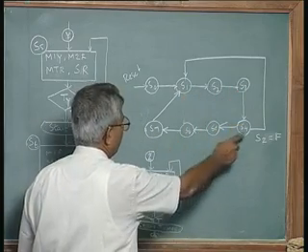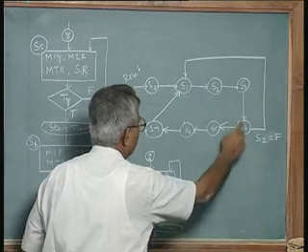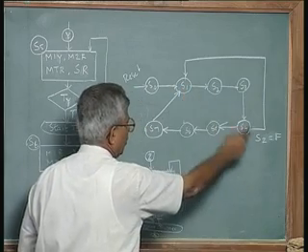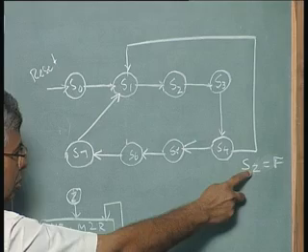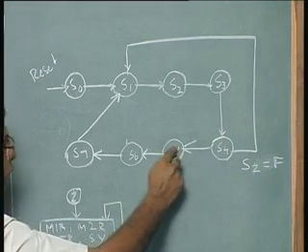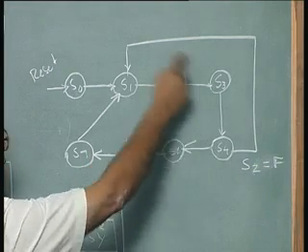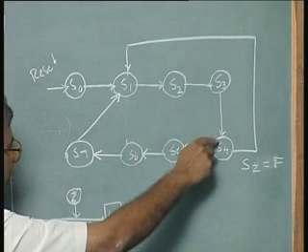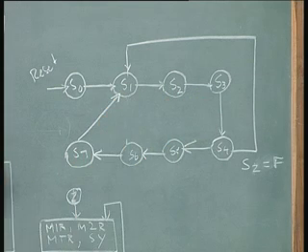From S4 there is a way out to S1 if the sensor S2 is not on. If the sensor S2 is false, we do not go through S5, S6, S7, we directly go from here to S1. Otherwise, we will go through the full sequence up to S7 and come back to this.